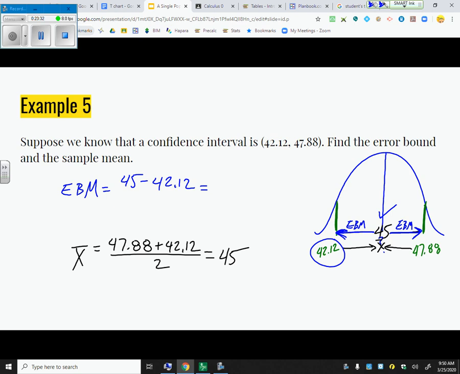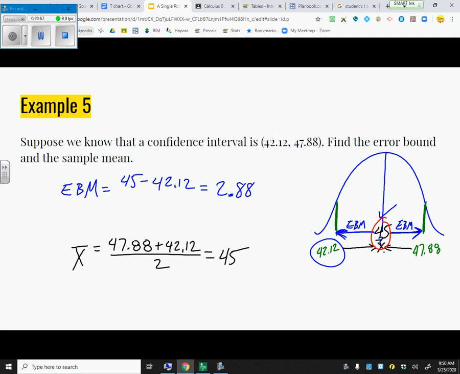It gives me 2.88. This is my EBM. That's my error. That's how much error I'm allowed from that 45 to still be within whatever confidence interval I had here. I'm trying to oversimplify that and not give you a lot of formulas for it. Draw your curve, write what's in the middle, and see how far out you're going in each direction.